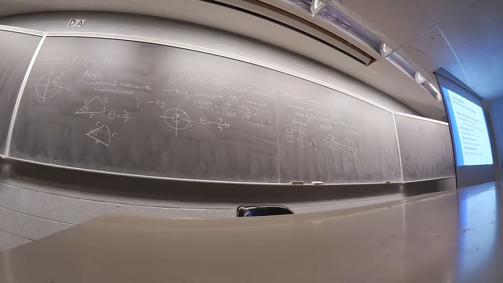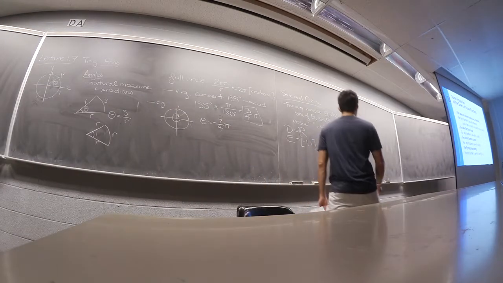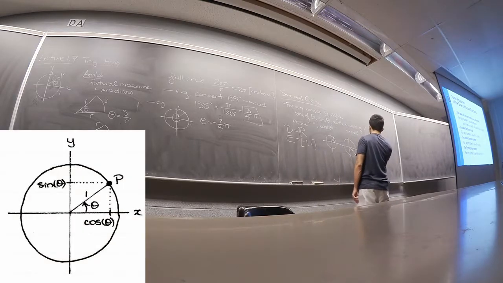And finally, the Pythagorean identity. What did we have here? Again, for any theta this works. I keep sticking in the first quadrant. This bit is sine theta. This bit is cosine theta.